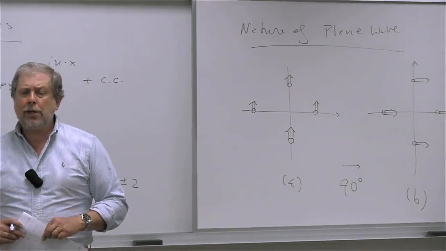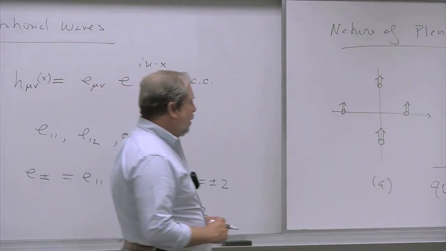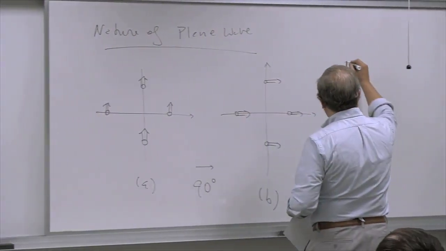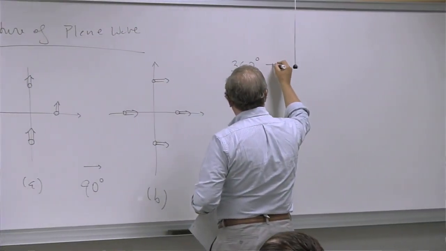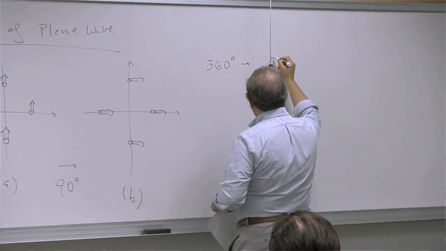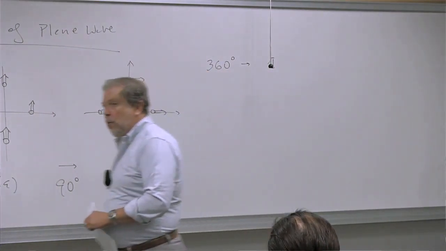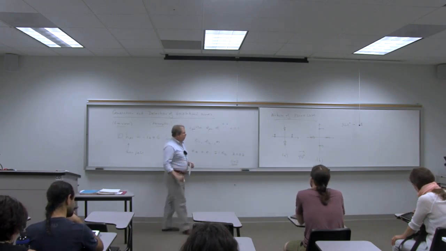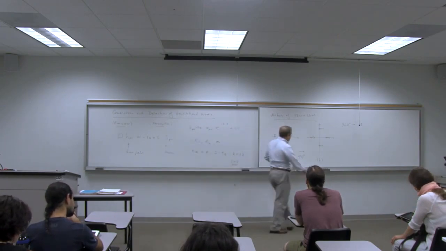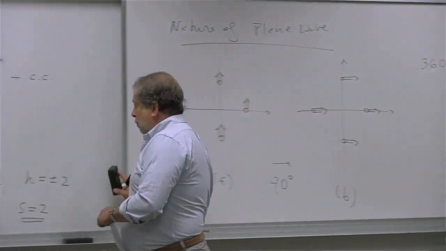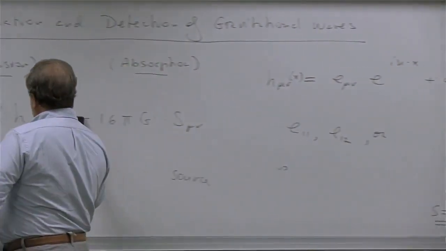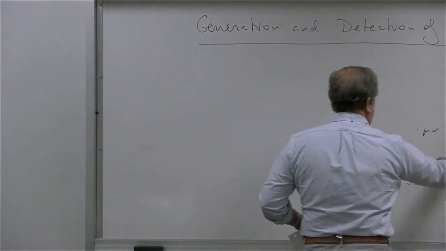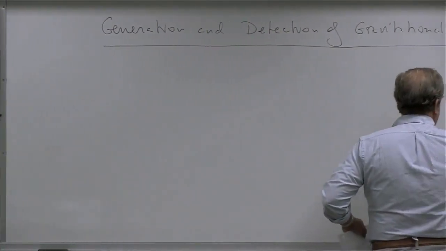So you essentially have the same polarization, but with the sign inverted. And when you do 360 degrees, you get back the identity. In other words, you return to the original state, right? And so that's what happens when you have transversely polarized light.